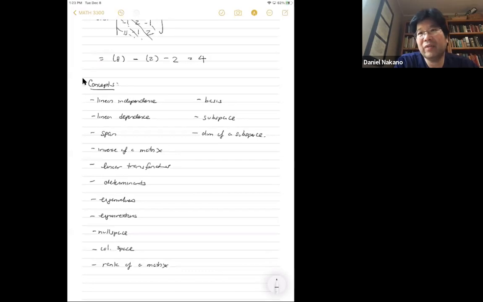I hope the wording is fairly consistent with the midterms, midterm 1 and midterm 2. So I don't want to change things up too much on you guys. I mean, you sort of get used to a professor's way of doing things, and I don't want to throw you any curveballs or anything.